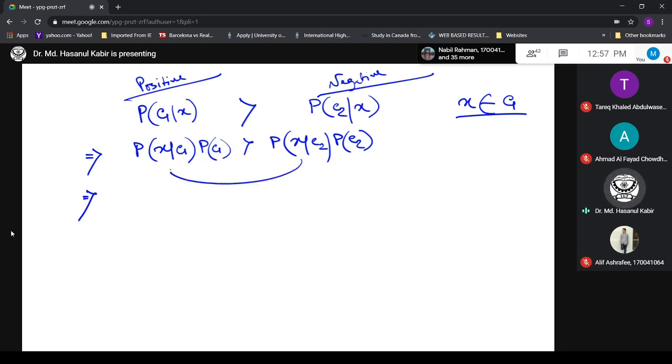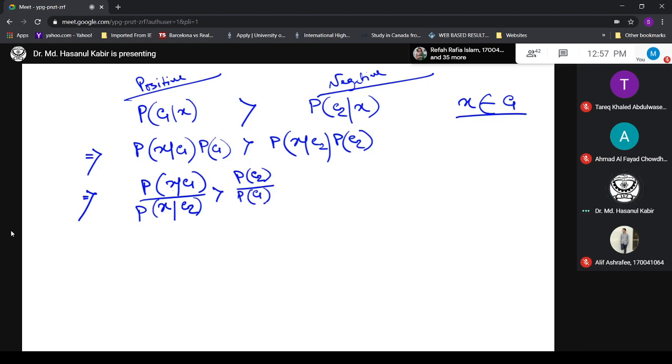I bring this term over here and that term over there. If I bring all this likelihood on the left hand side, I have the probability of x given class 1 over the probability of x given class 2, greater than the probability of class 2 over the probability of class 1. Sorry, my mistake, the denominator should be x given class 2. This is what we have, right? Yes or no?